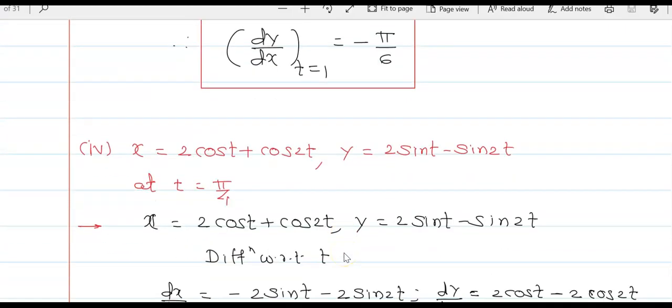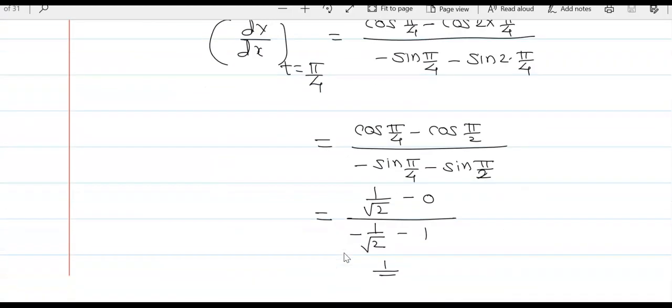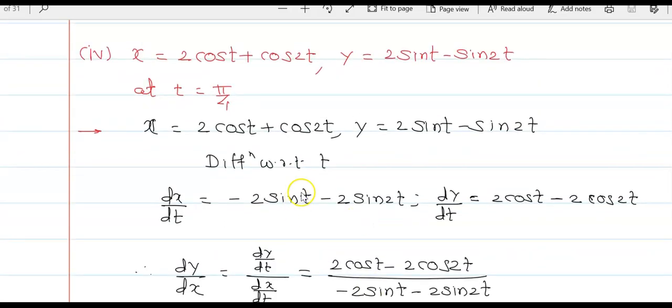I had some doubt about it, but okay. Now here is 1 upon root 2. You can write down now. I will explain the last step only.